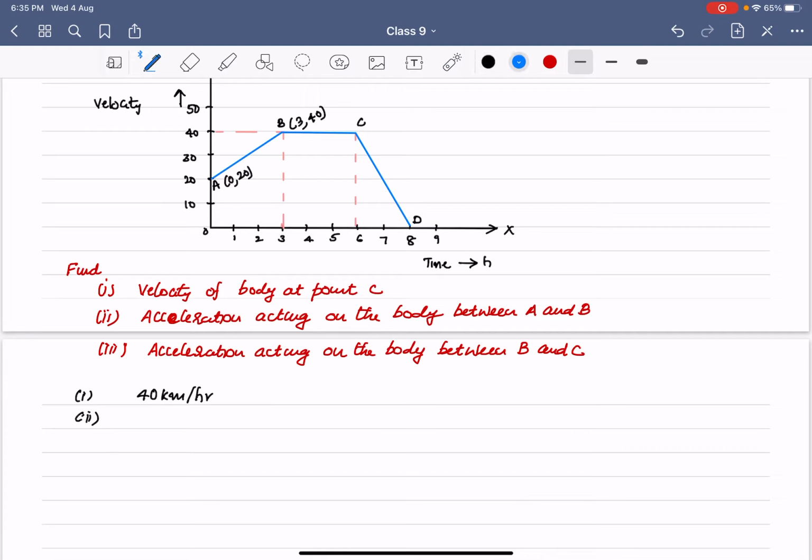We know that whenever we are provided the velocity time graph, the slope of the graph gives us the acceleration, right? Slope of the graph gives us the acceleration. So we have to calculate the slope in order to calculate the acceleration. Now slope is change in y divided by change in x. So let's calculate this change in y and change in x.